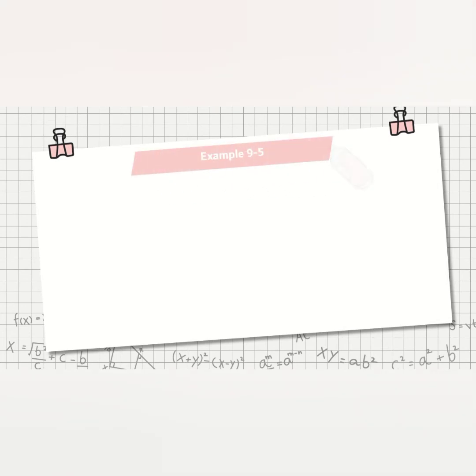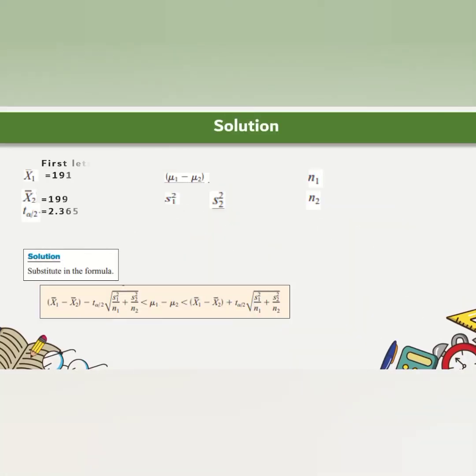We have Example 9-5. Find the 95% confidence interval for the data in Example 9-4. For the solution, let's write down our givens again. Sample mean 1 is equal to 191. Sample mean 2 is equal to 199.